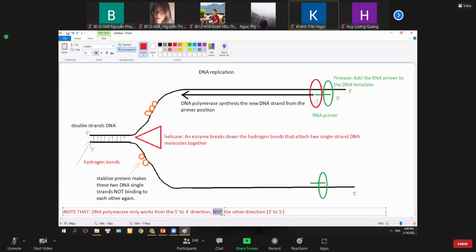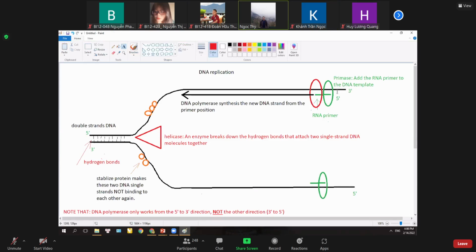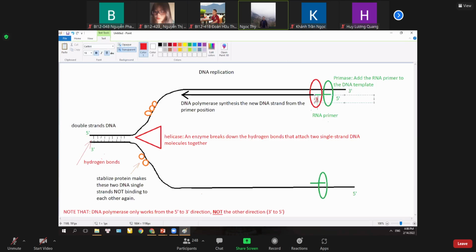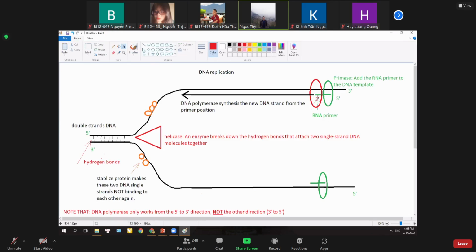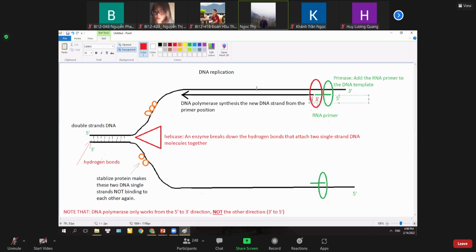So in here, because this strand has the 5' here and the 3' here, it starts to bind here and starts to synthesize from 5' to 3'.